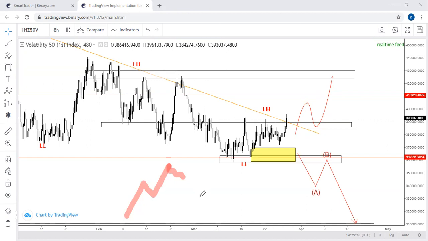Meaning that if you see something like this, the trend wants to reverse, because if you're having an uptrend like this and we get a strong momentum to the downside, can you see that?